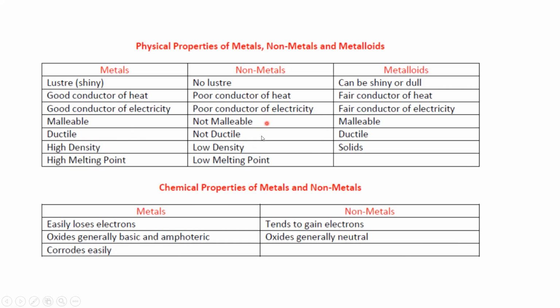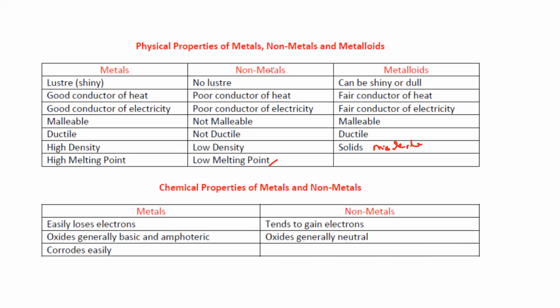Metals have high density, non-metals have low density, and metalloids are usually solid, so they have moderate density. Metals have a high melting point, non-metals a low melting point, and metalloids depend, because some metalloids have a high melting point and some have a low melting point. So there's no fixed value. That's why it is not written here.